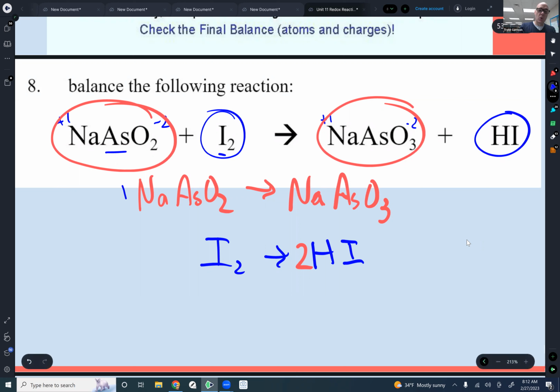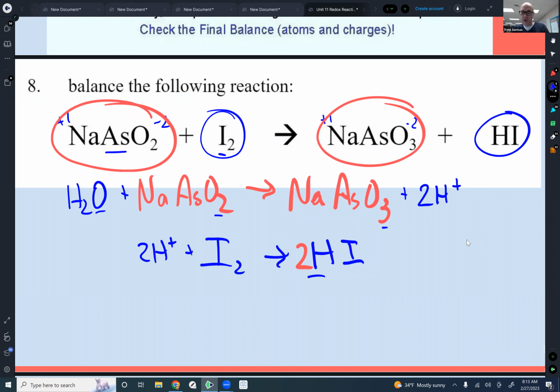So I will add 1 water to the left over here. That will give me 1, 2, 3 oxygens, which is the same as over here, 3 oxygens. Fourth step, balance hydrogens. Well, I just added 2 hydrogens, so now I need to balance that by adding 2 hydrogen ions to the left. On the second half reaction, I already have 2 hydrogens, so I need to add 2 hydrogen ions over here. Now, all of my elements are balanced.